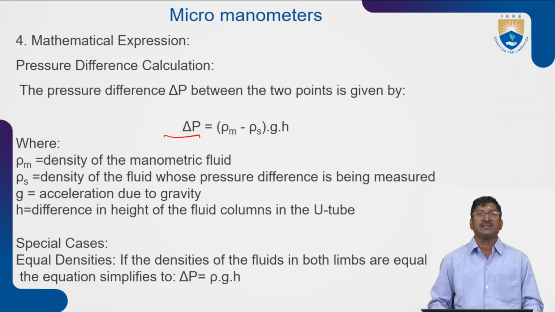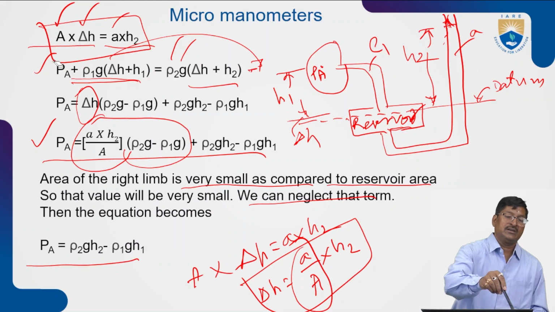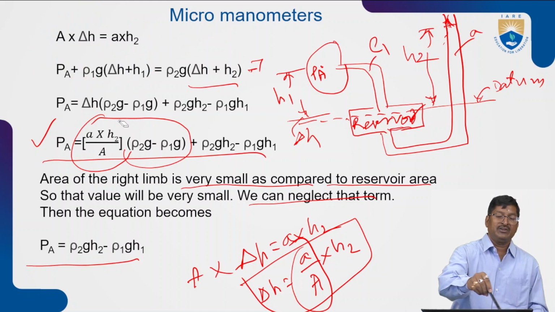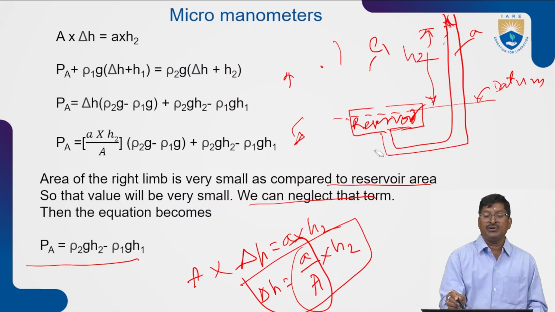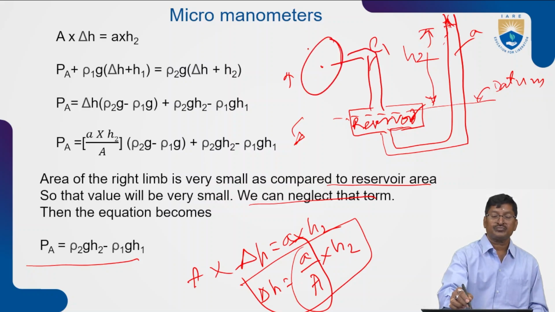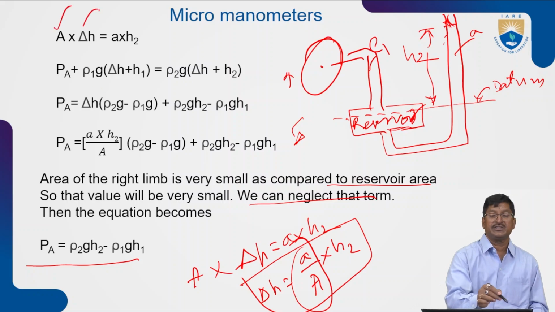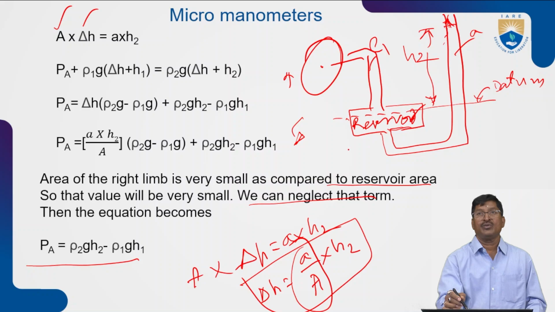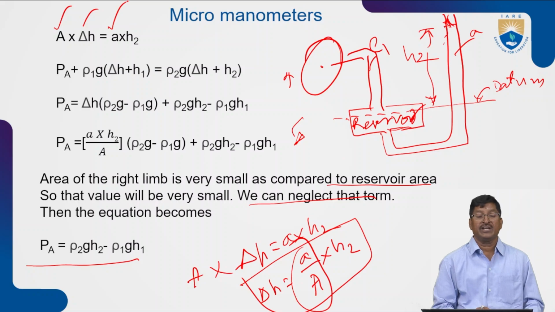The formula is like this, and if you see this small derivation part, capital A is the area of the reservoir. This is the reservoir. Delta H is the fall of manometric fluid, and small a is equal to the area of the right limb.